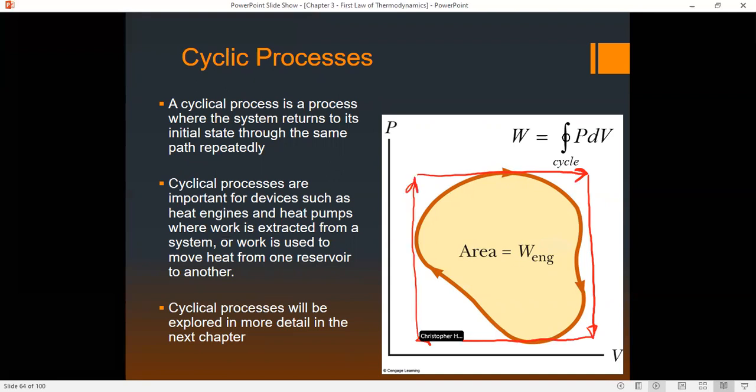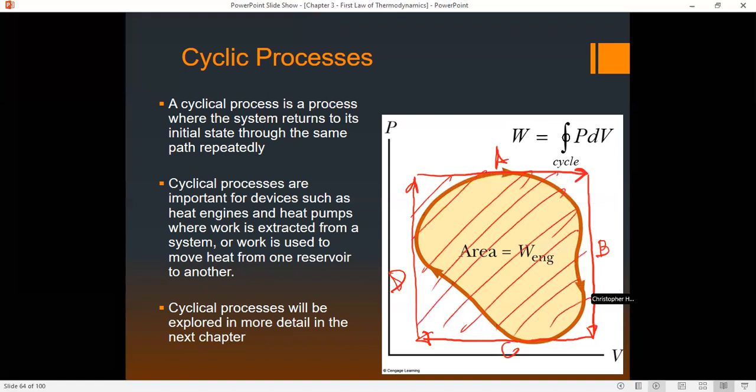That would be a more typical look for a thermodynamic cycle. You'd actually have 4 different processes going on here that we put together, and the work enclosed in this curve would be equal to the total work done by a thermodynamic cycle.